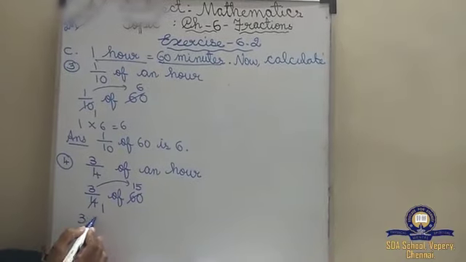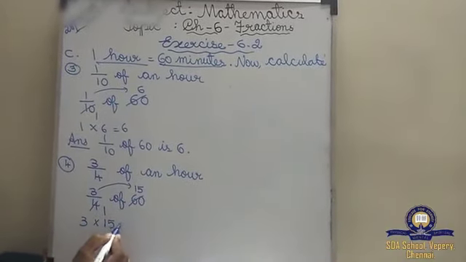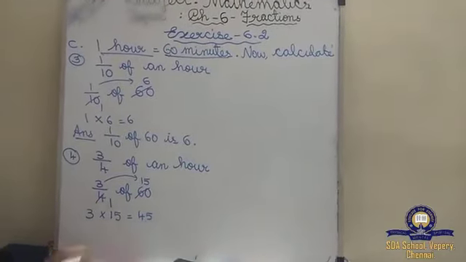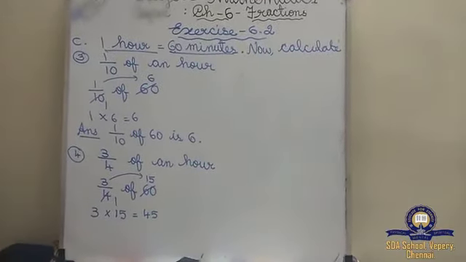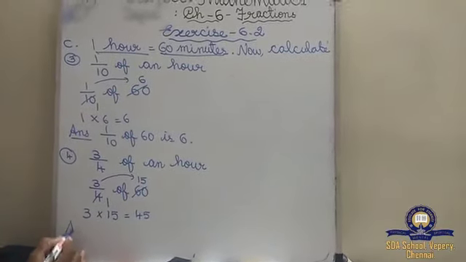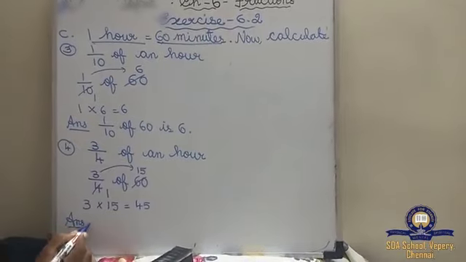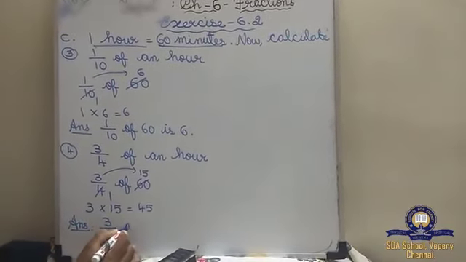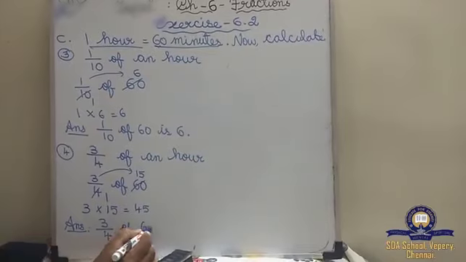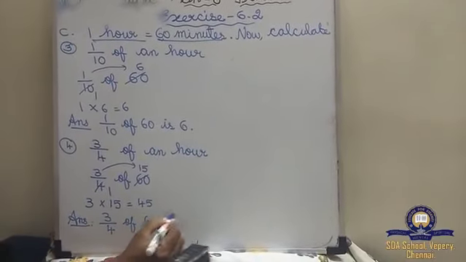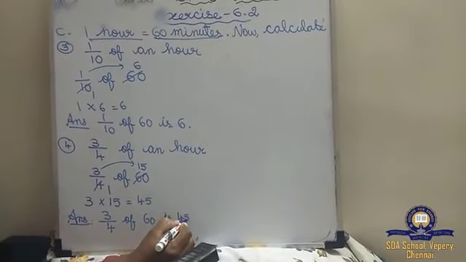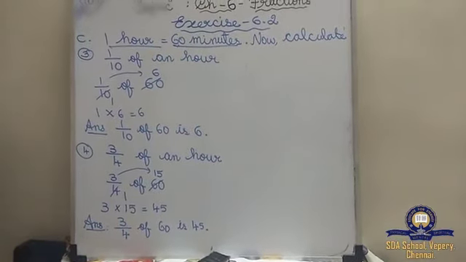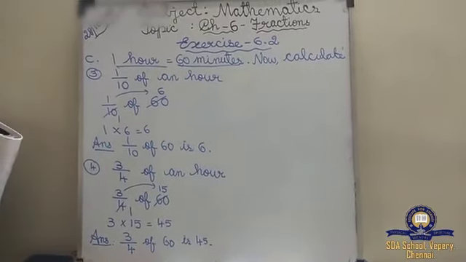Multiply. 3 into 15 is equal to what will come? 45. 3 15s are 45. So what's the answer? 3 by 4 of 60 is 45. Okay, children, understood, children? I think all of them have understood.